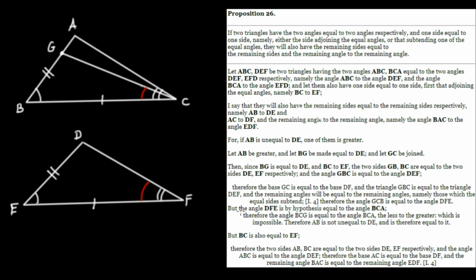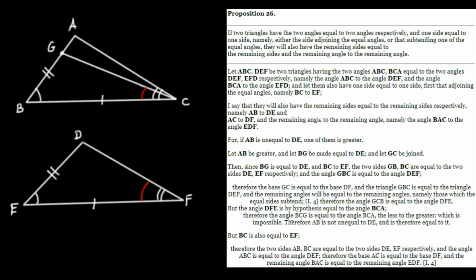But notice, the angle DFE is by hypothesis equal to the angle BCA. Recall we had the equality between these two angles, the angle here at F, the angle here at C. But notice we're going to have a problem right here in this diagram. Notice that the angle GCB is a part of this larger angle ACB.